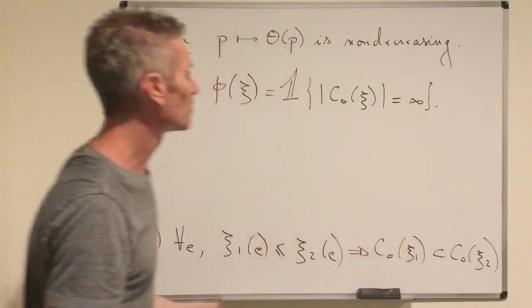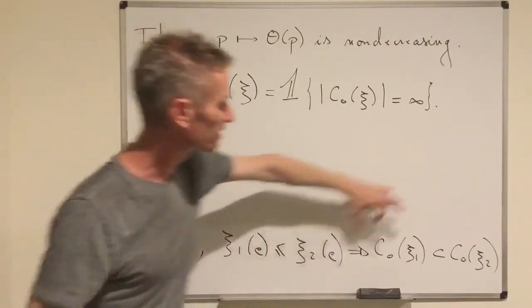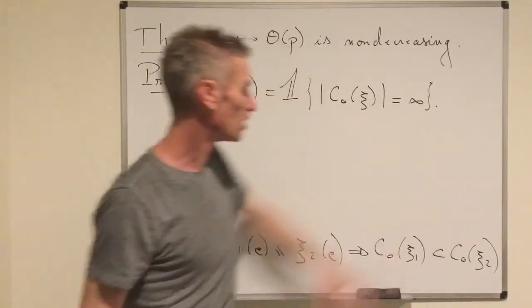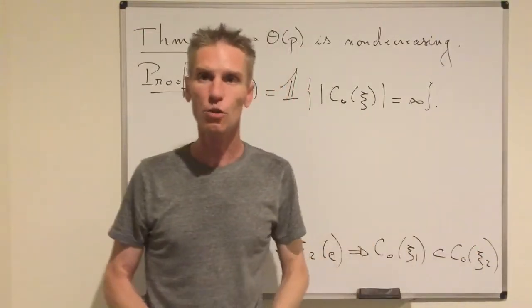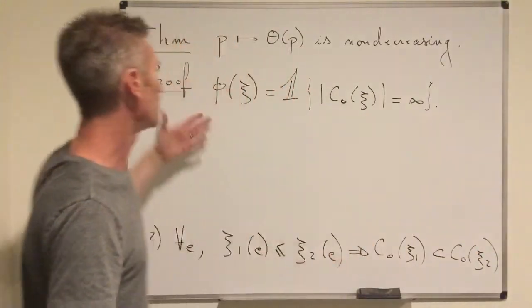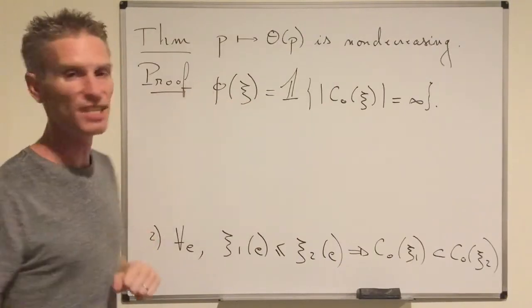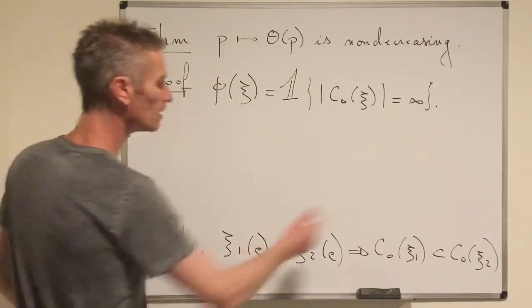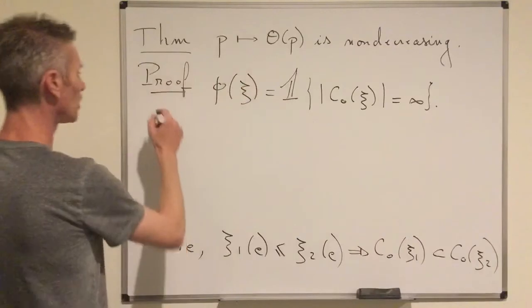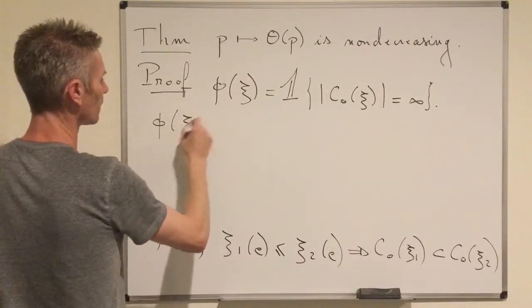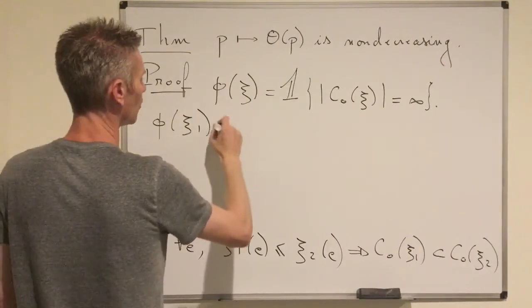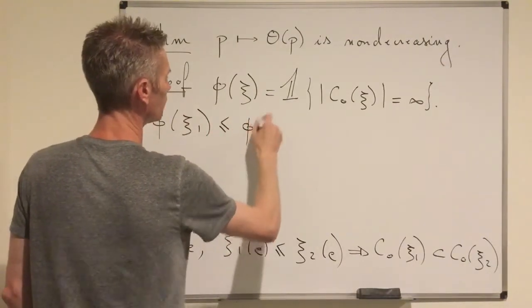So what I'm saying right now is just the fact that if you have this inclusion, then phi of xi1 must be less or equal to phi of xi2. Now I'm invoking some kind of monotonicity of this function xi, and so from our construction, we also have that phi of xi1 is less or equal to phi of xi2.